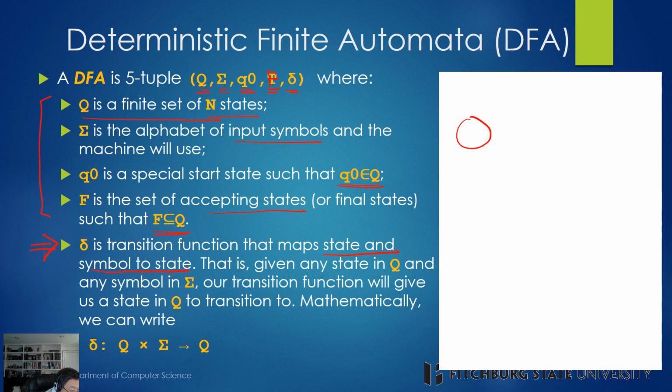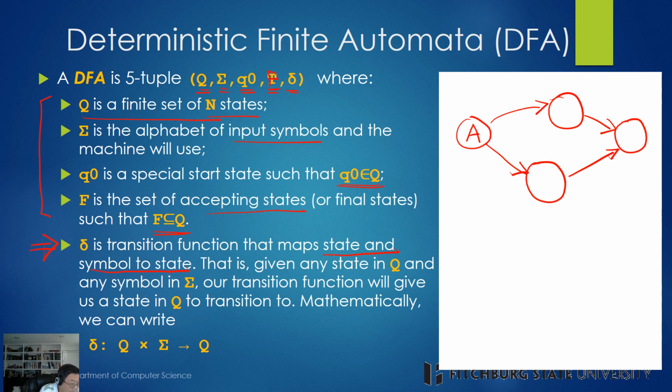Let's say this is a finite automaton. This is the start state, here's an intermediate state, and D is the final state.